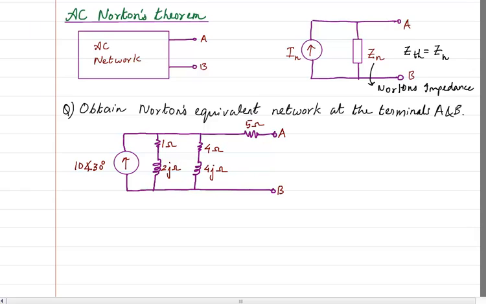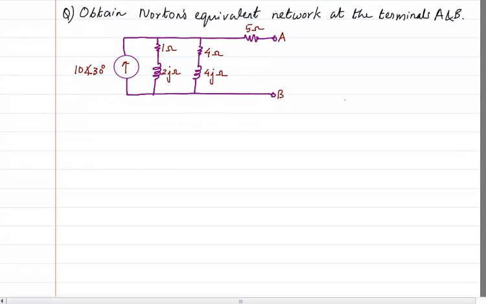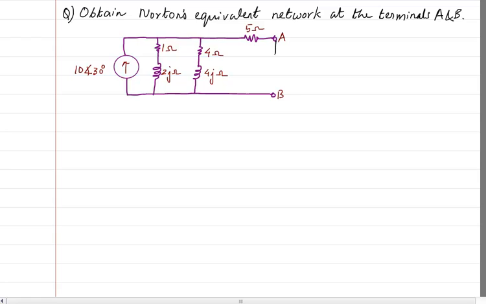Now let us move into the problem of how to solve a Norton's equivalent network at the terminals A and B shown here. In the general sense, to find the Norton's equivalent, we know that we have to draw the short circuit and consider this current as IN.